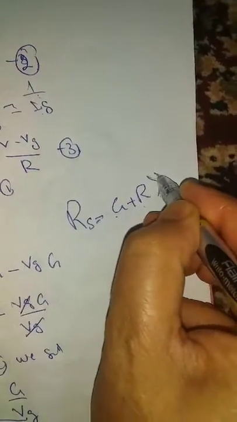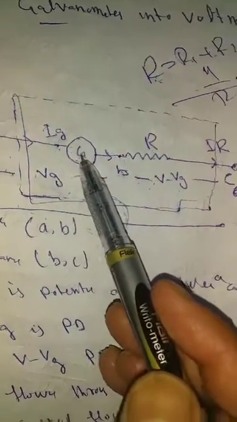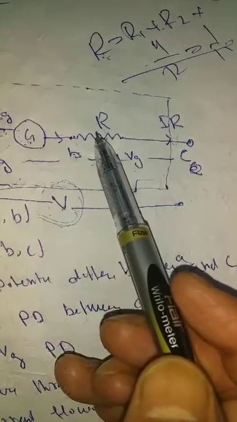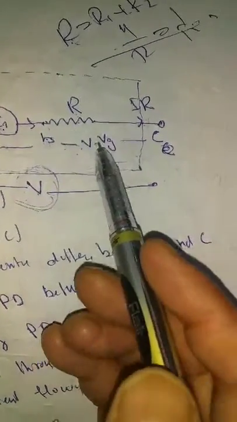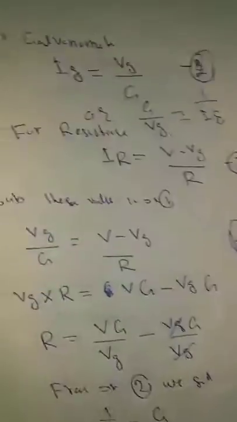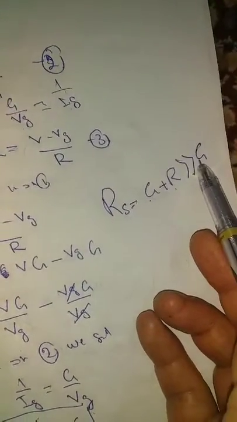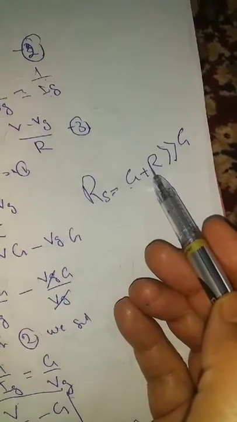That means the effective resistance is the combination of two, and it should be very, very much greater than G, because we are connecting a high resistance value in series with the galvanometer. The galvanometer's own resistance is small, because it shows full scale deflection. The effective resistance is R plus G, and its value should be much greater than G, than the galvanometer's resistance. That means for a voltmeter, a high resistance R is connected in series with a galvanometer.